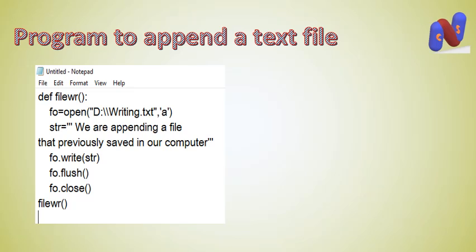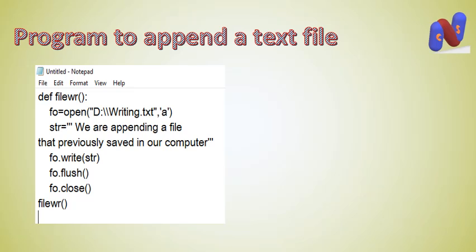The number of lines of code is similar to the previous program: def file_wr, that's a particular function. After that, fo is a file object in which we are going to open the same file, but with the file access mode 'a'. 'a' means append, meaning we are going to append to the particular file which stores some previous data.